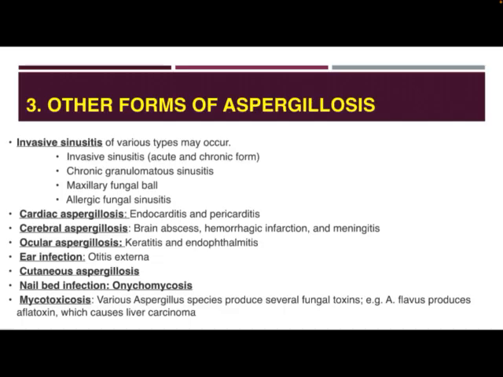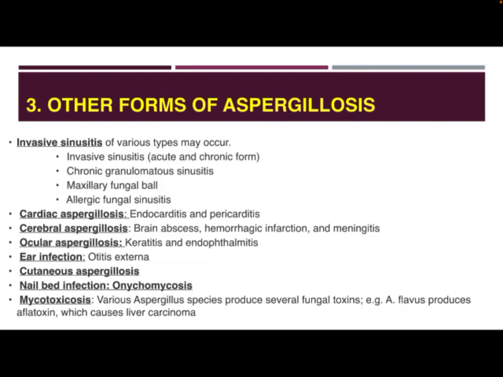Apart from pulmonary and invasive aspergillosis, the third type includes Aspergillus infections affecting other areas. That means cardiac aspergillosis and cerebral aspergillosis. Cardiac means affecting the heart, cerebral means affecting the brain. Ocular aspergillosis affects the eyes and may be characterized by keratitis and endophthalmitis. It may also affect the ears, characterized by otitis externa, that is, infection of the outer ear. There are also nail bed infections, known as onychomycosis.